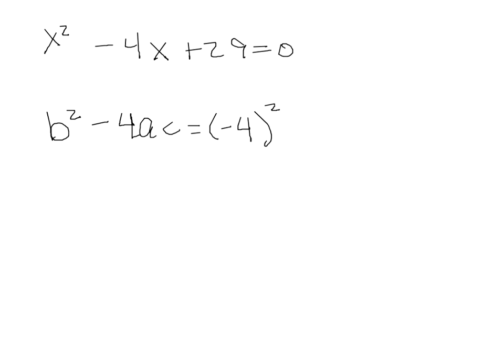So b is minus 4, so we get minus 4 squared minus 4 times a times c. So we get 16 minus 4 times 29, and let me consult the calculator real quick.